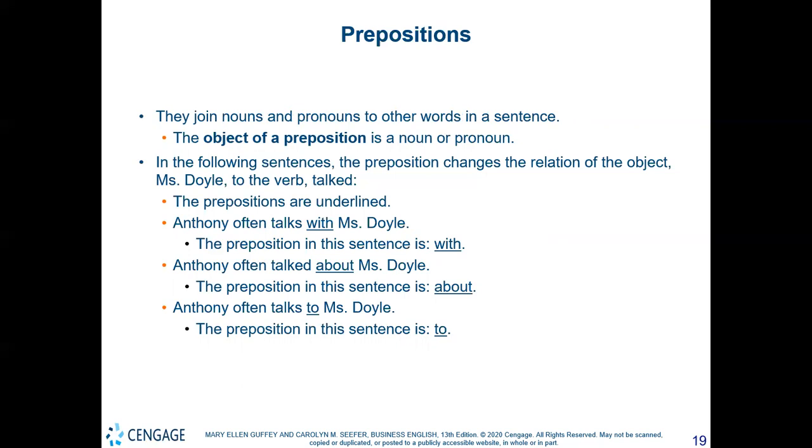Anthony often talks with Miss Doyle. The preposition in this sentence is with. Anthony often talked about Miss Doyle. The preposition in this sentence is about. Anthony often talks to Miss Doyle. The preposition in this sentence is to.